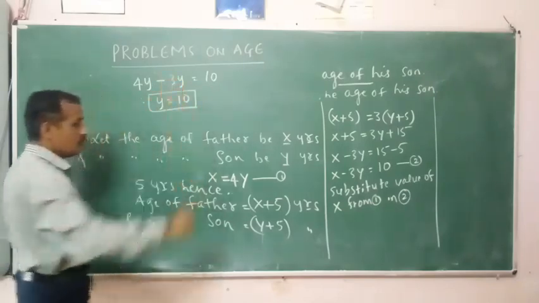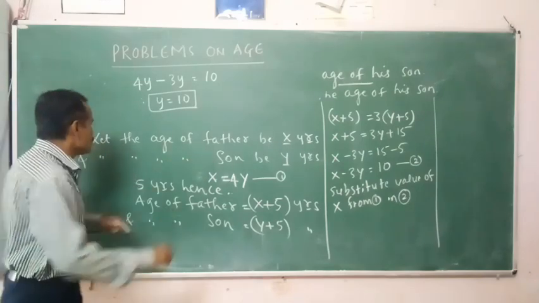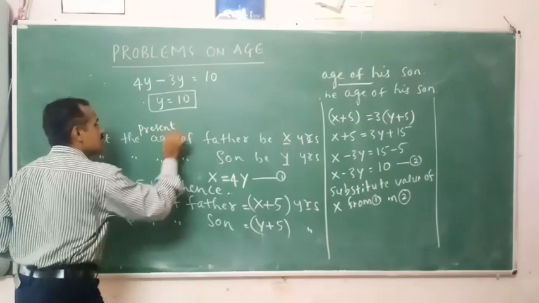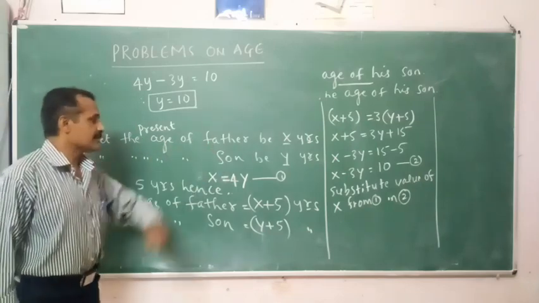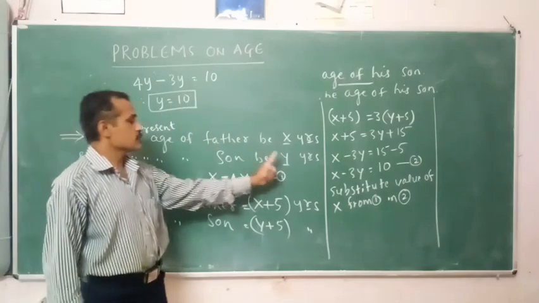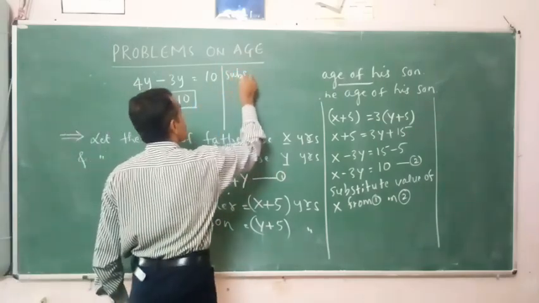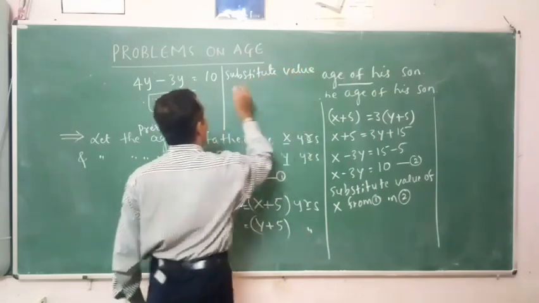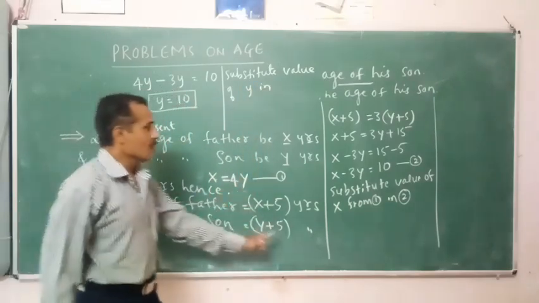Y is equals to, let the present age of father be x. Okay, let me make it very clear, let the present age of father be x. Y is equal to the present age of son. So y is equal to 10. Now what can I do? Substitute value of y in either equation 1 or equation 2.